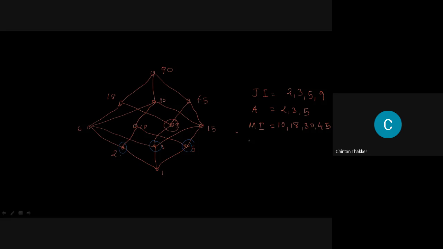From these four elements, the anti-atoms are 18, 30 and 45, because they have cover 90. 10 has a cover 30, not 90. So the anti-atoms are 18, 30 and 45.